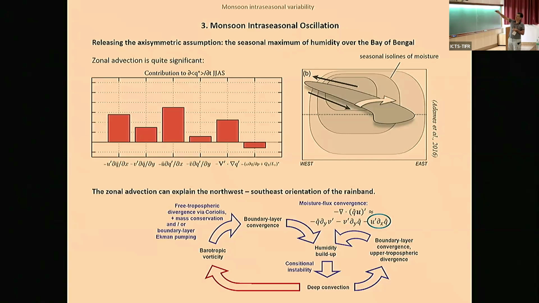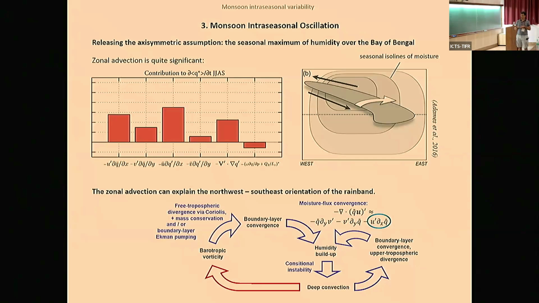And it seems to me that we would have also to look into this term, which seems to be quite significant here, right? So the advection of the anomaly by the seasonal wind. And so we're getting a picture that's getting richer and richer, but it's not quite complete yet, so there's quite a little bit more to do.